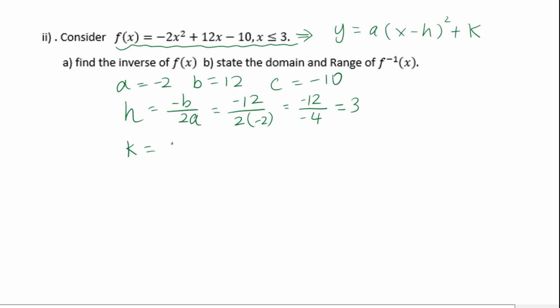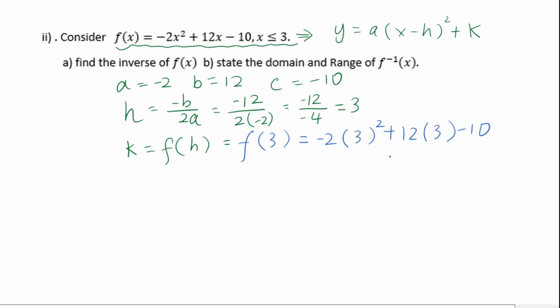For k equals f of h, that equals f of 3. So negative 2 times 3 squared plus 12 times 3 minus 10 equals negative 18 plus 36 minus 10 equals 8.